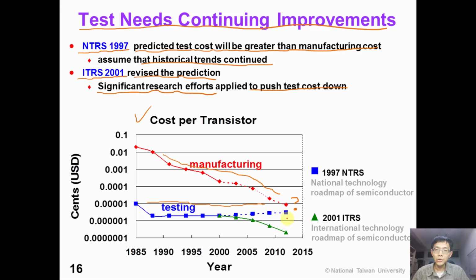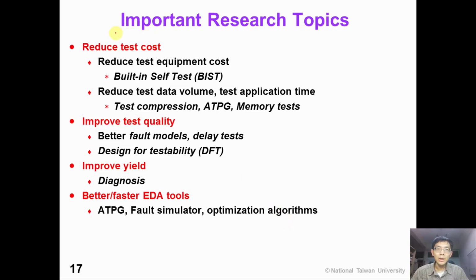In this new version, the prediction of test cost per transistor is significantly reduced due to research. This example shows the importance of research in testing. So what are the important research topics in testing?